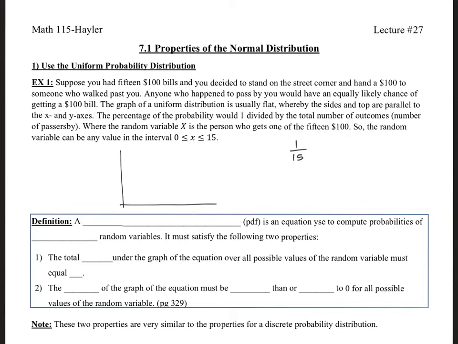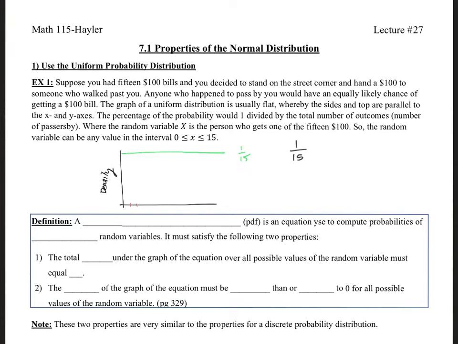All right, so graphing our uniform probability distribution, we have the density, or the probability, which in our case would be a 15th for anybody who happened to go by, right? And all of these values go from 0 to 15.